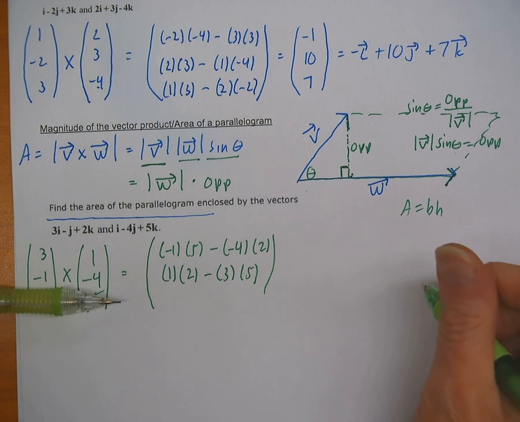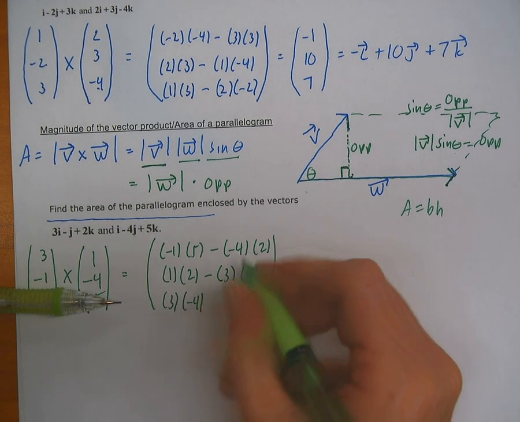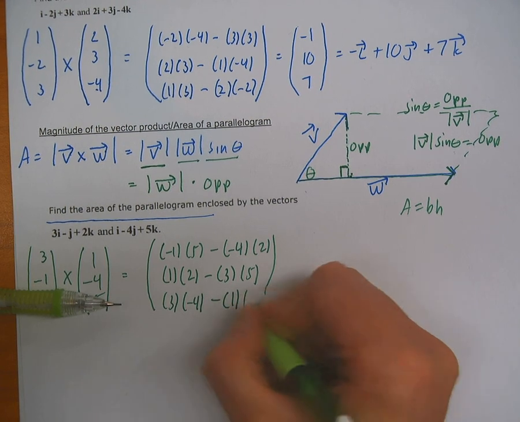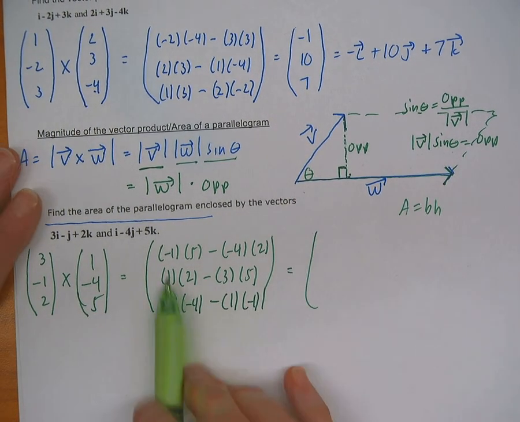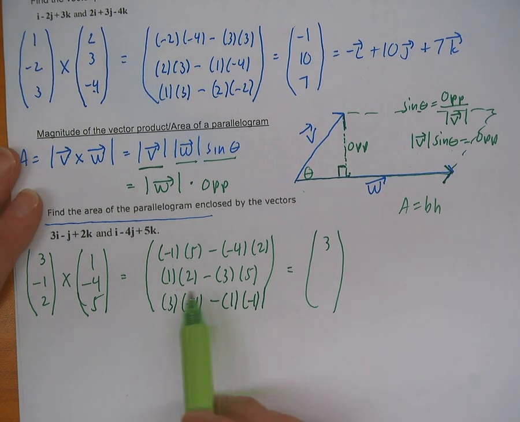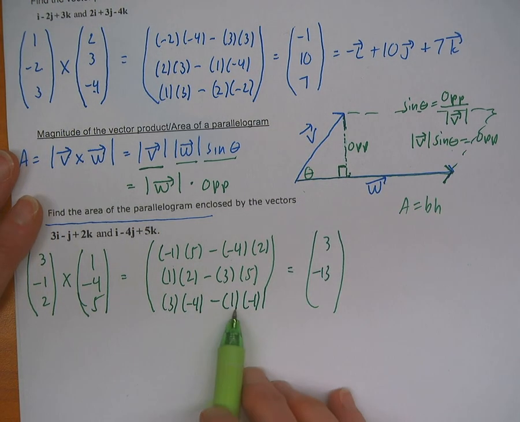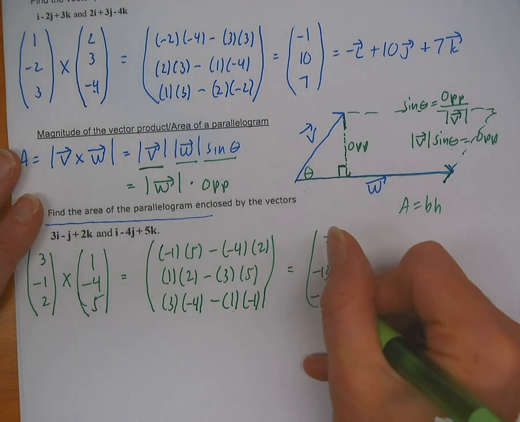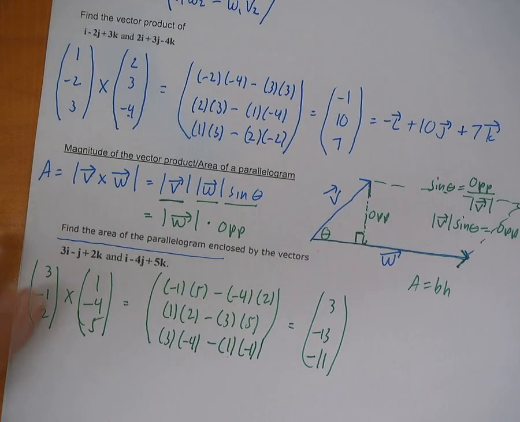And for my z component, I'll have 3 times negative 4 minus 1 times negative 1. So I'm going to get negative 5 plus 8, so 3. 2 minus 15, so negative 13. Negative 12 plus 1, so negative 11.